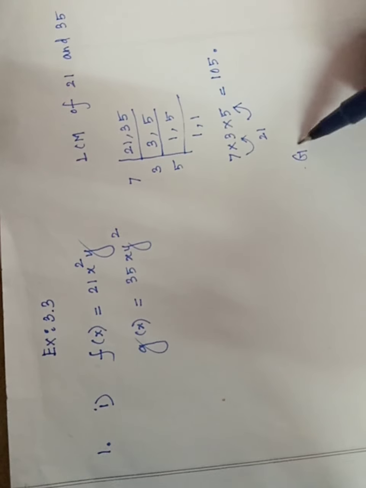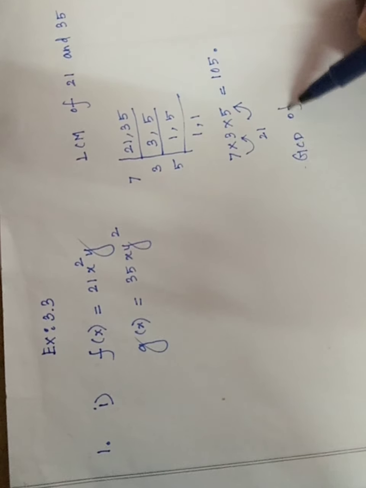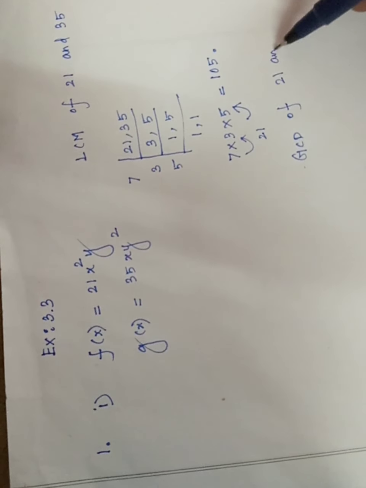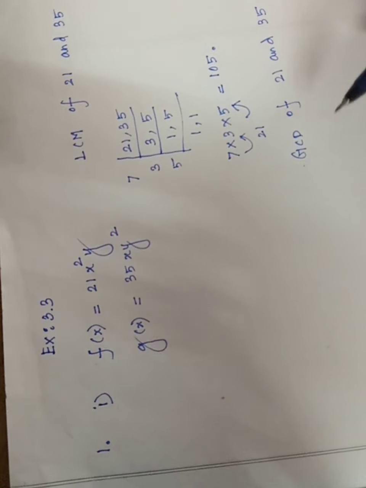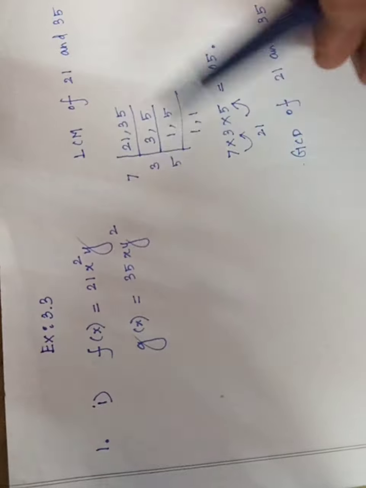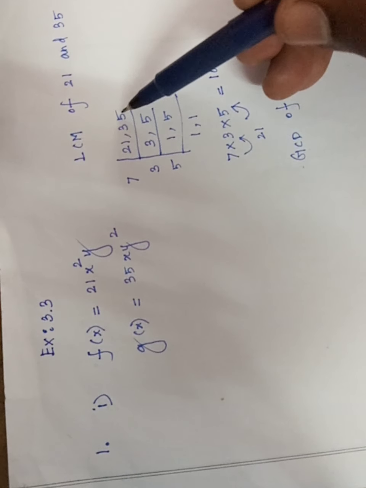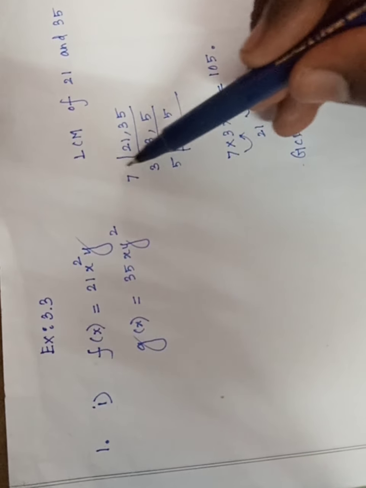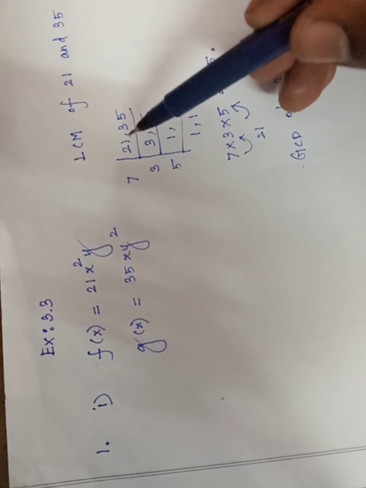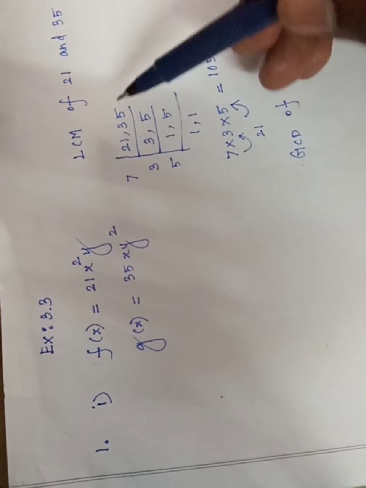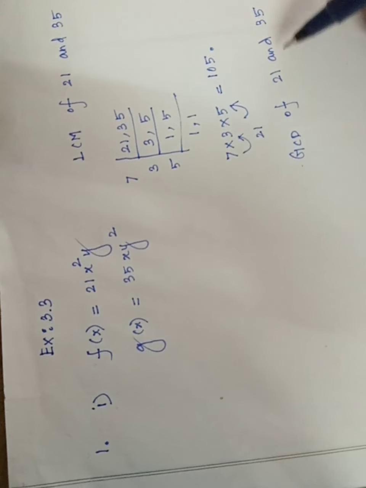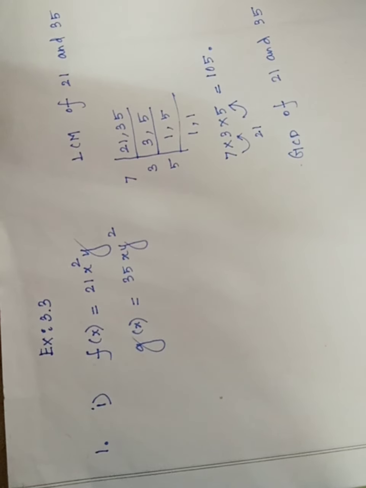As well as GCD. GCD of 21 and 35, we can take from this step. The number 7 only divides both numbers 21 and 35. Therefore GCD of 21 and 35 is 7.